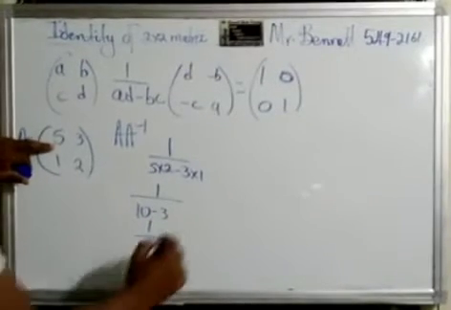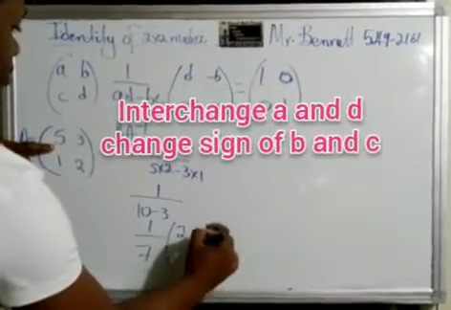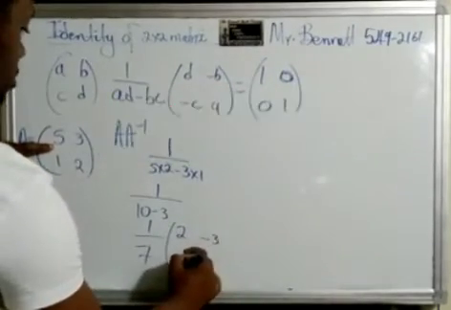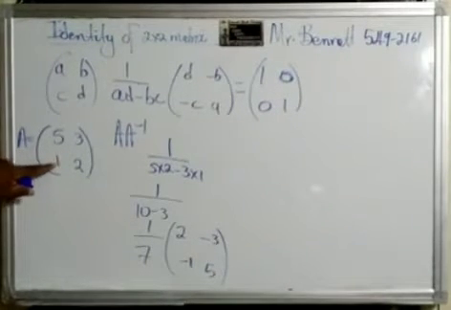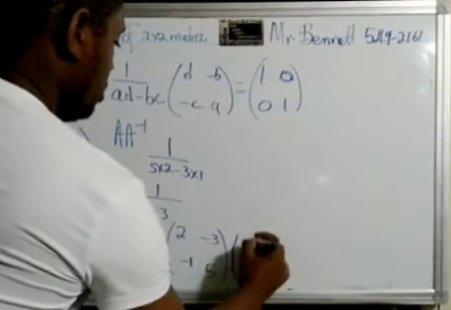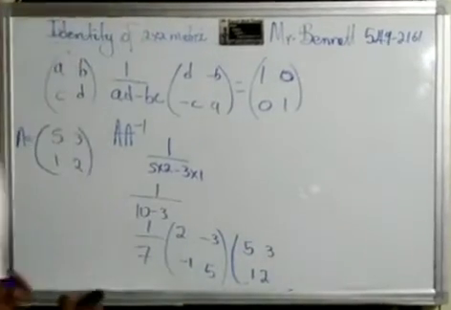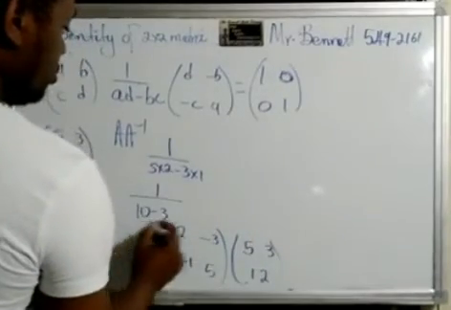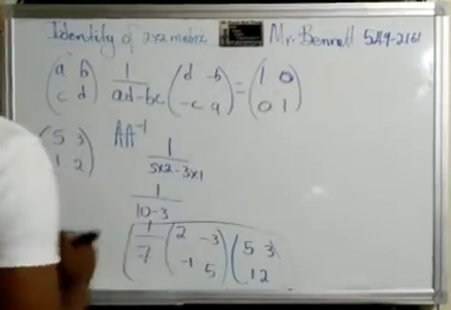And then now, change the position of 2 and 5, and change this to negative 3 and this to negative 1. Now we're going to multiply this by the original A, which is 5, 3, 1, 2. So this is what we're going to be multiplying, and it's going to equate to this.